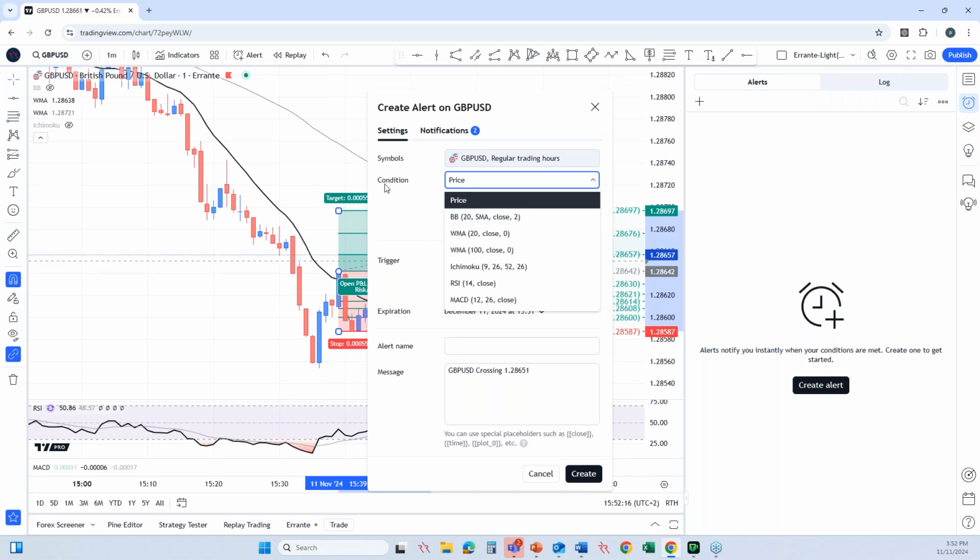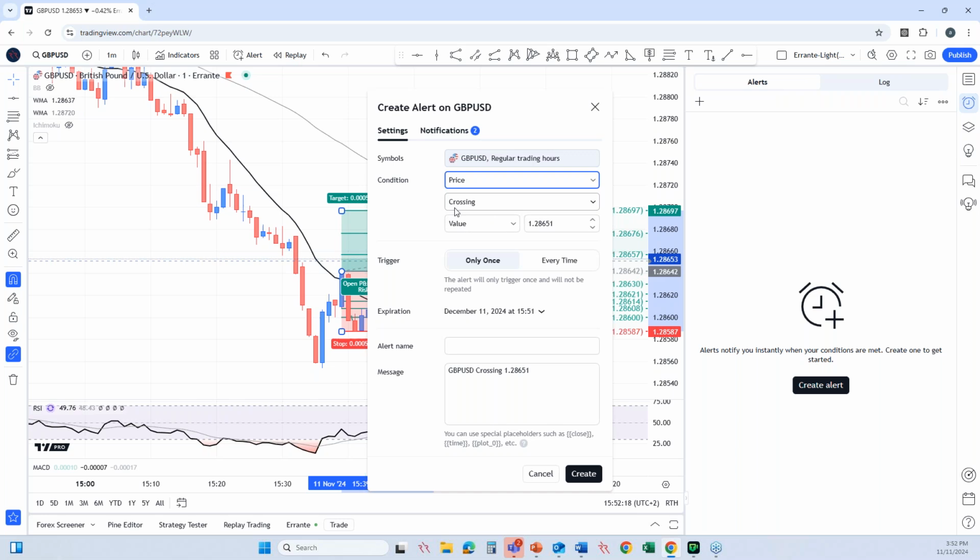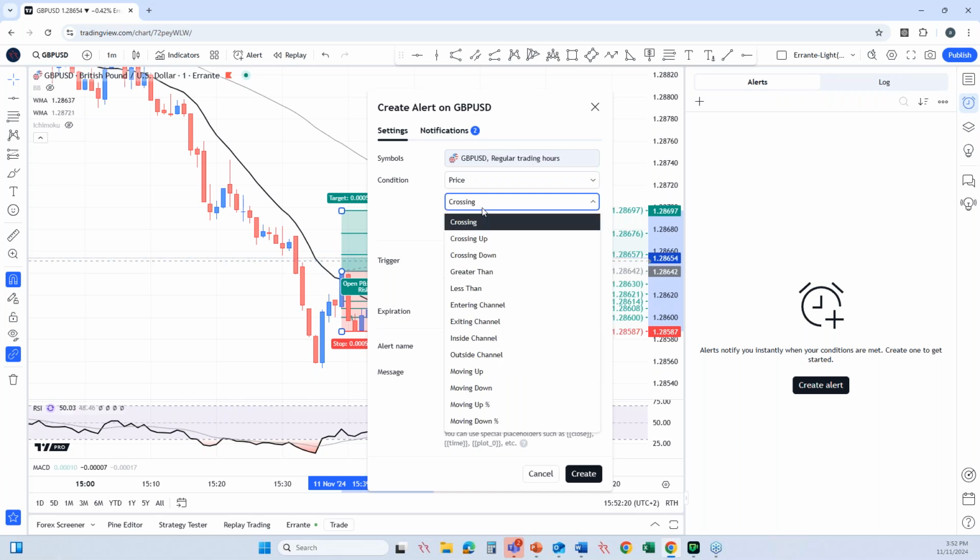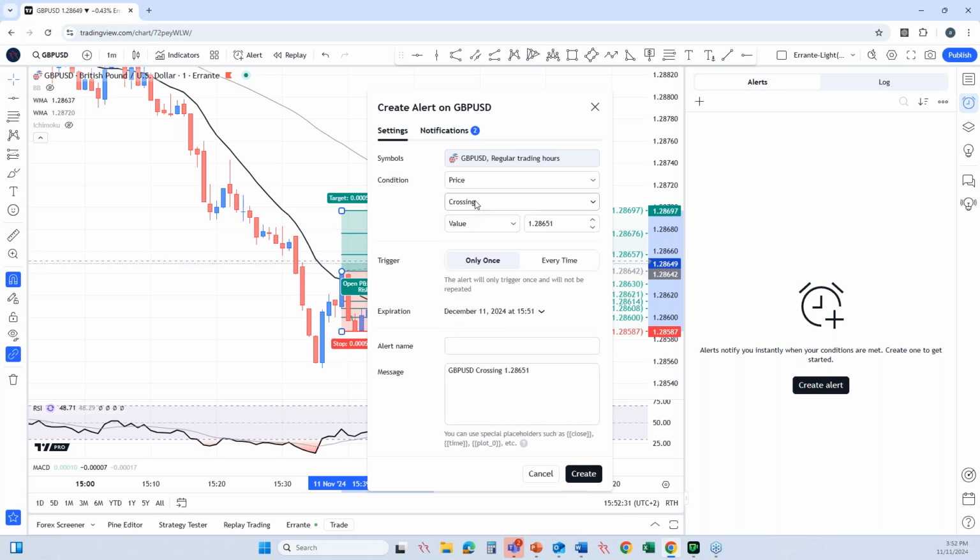So for example, here in this condition, I'm using the price, and then you can choose what type of alerts you like. It can be crossing up, crossing down, greater or less, or entering a channel or exiting a channel. Any of these you can set. Let's stick with crossing, and then you can set a value.